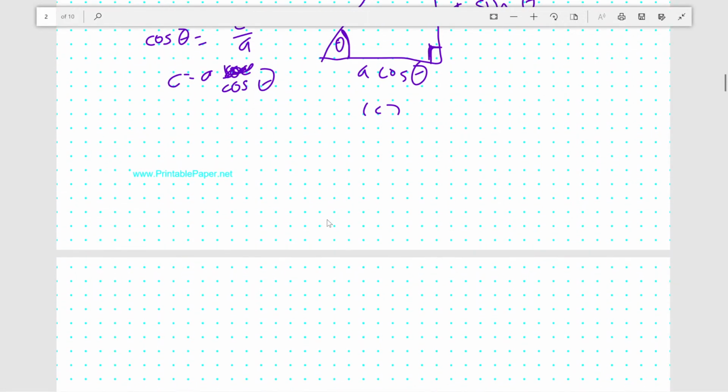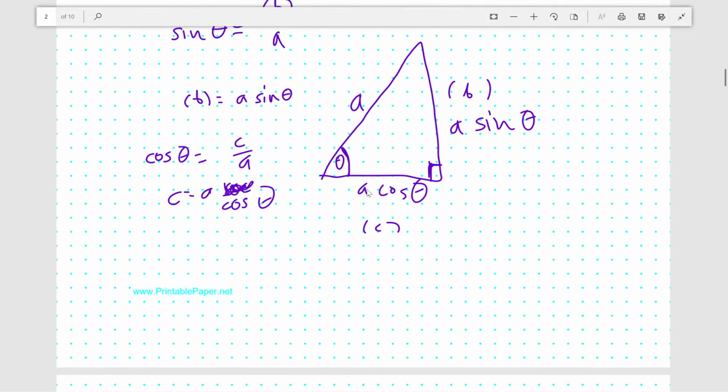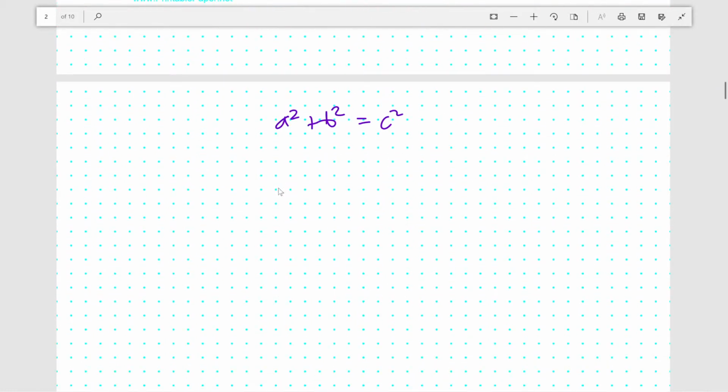This is expressed algebraically in the form a squared plus b squared equals c squared. So what happens when we apply it to this triangle that we have here? For any given a sine theta squared plus a cos theta squared, we're going to get a squared.